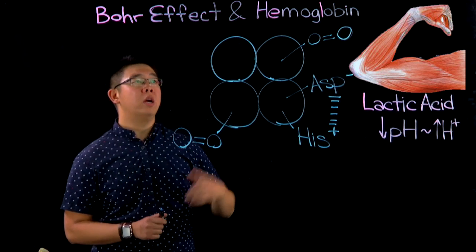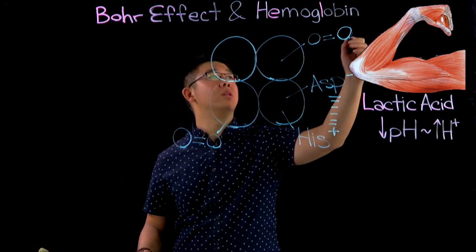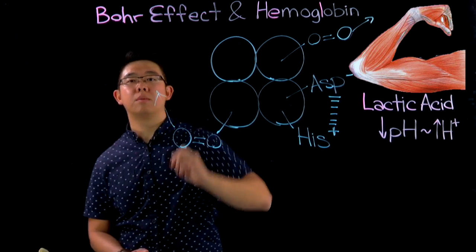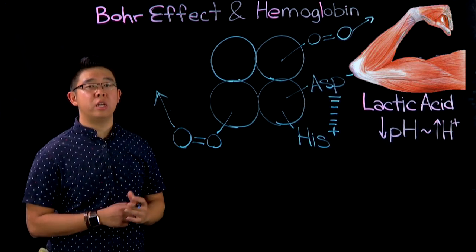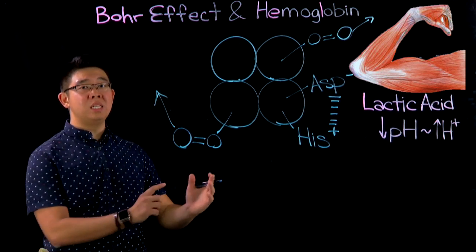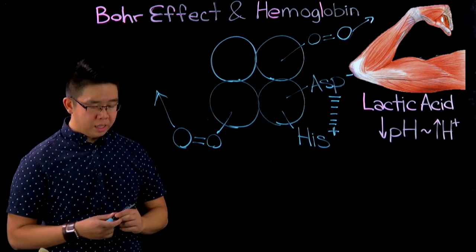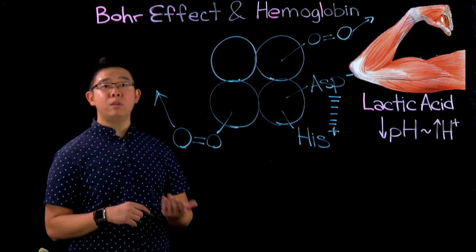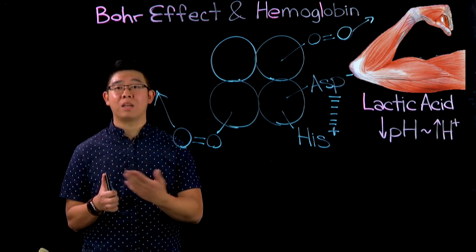Therefore, you can expect these oxygens to release. This release of oxygen changes it from an R state to a T state hemoglobin. Now let's think back to how lactic acid came about. The lactic acid accumulated because of the fermentation, which means the lack of oxygen.